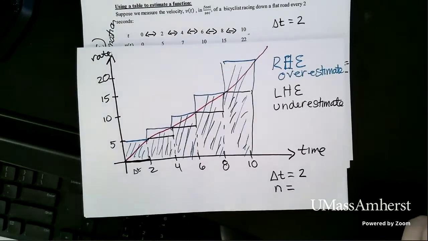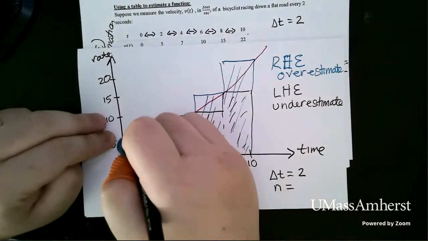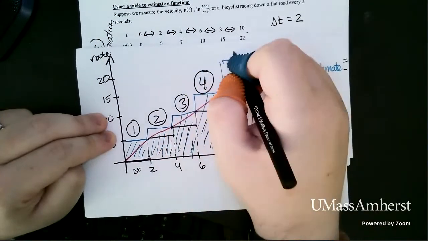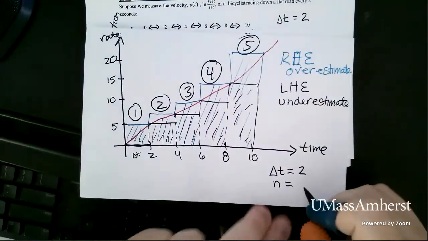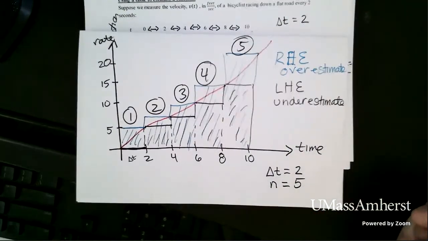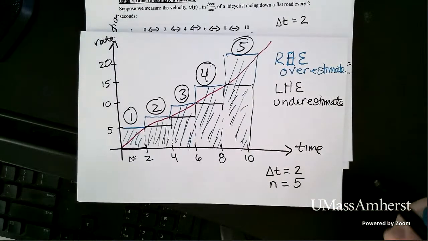N, we're going to introduce, is going to be the number of rectangles that you are using to approximate. So here's 1, 2, 3, 4, 5. So for each approximation, whether left or right, you are using 5 rectangles. That means that there's 5 time intervals that we are looking at, and that's based on the problem that you're doing. That will change from problem to problem.